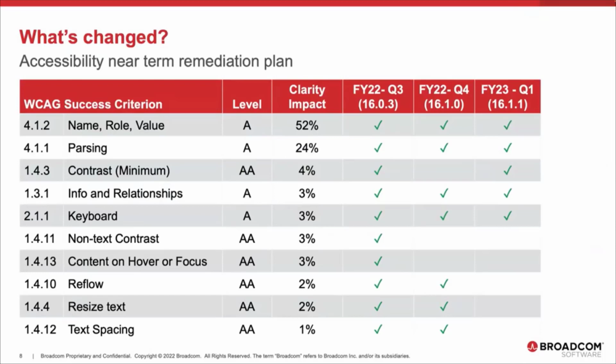For example, no additional remediation is required for WCAG 1.4.10 or 1.4.11. Of course, an accessibility program is never truly complete, but this table captures the near-term remediation plan from an accessibility perspective for each of the impacted WCAG success criteria.